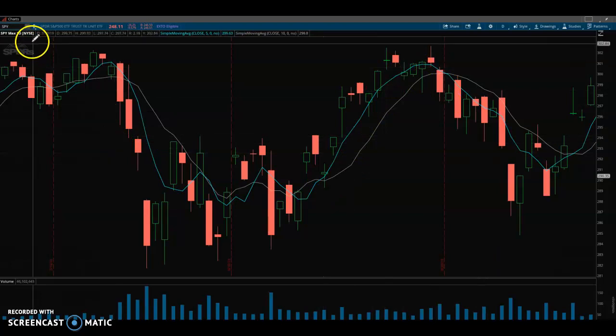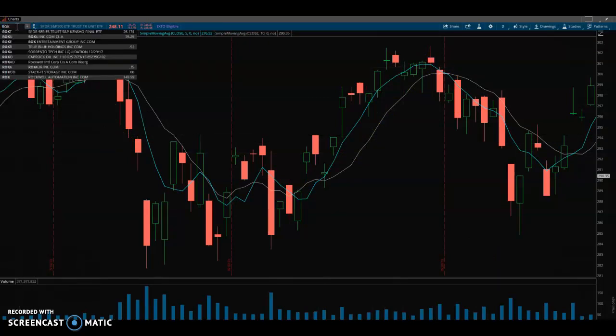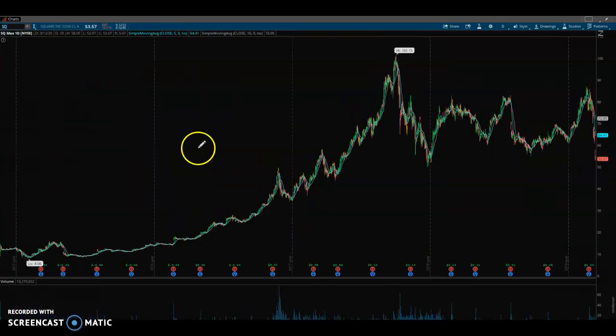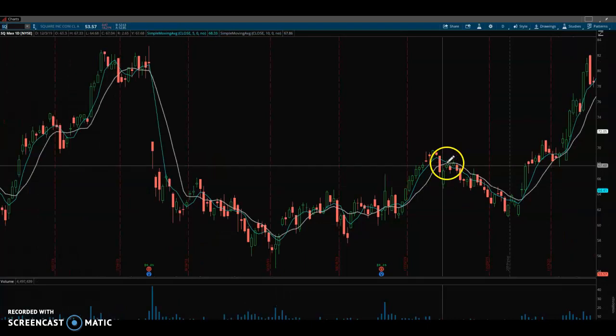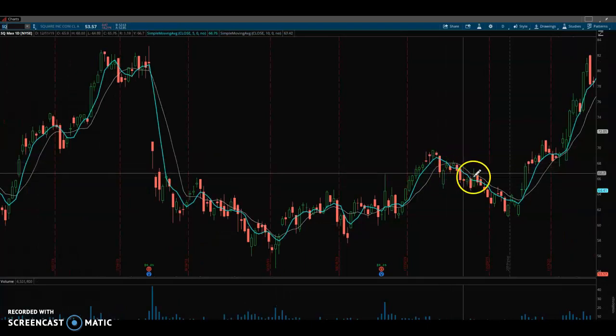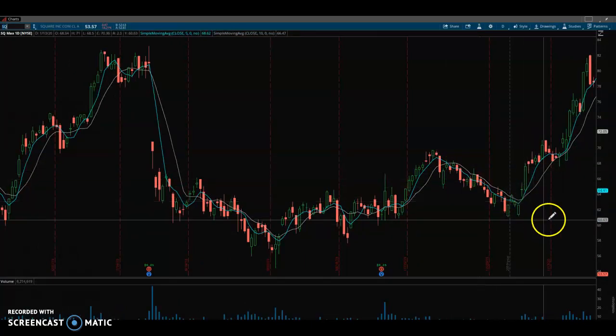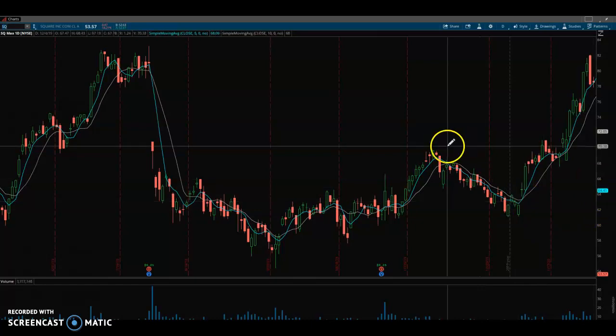And you can literally do this on any stock, whatever your favorite stock is. We could look at, I don't know, Square, for example. It crosses over here, you ride it until it crosses back over. Because these are smaller moving averages, they're kind of closer together, you're catching the quick, fast, strong trend.